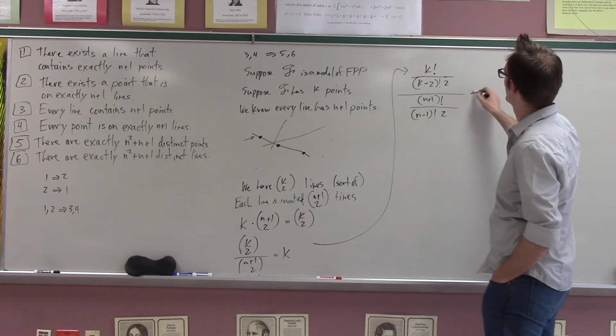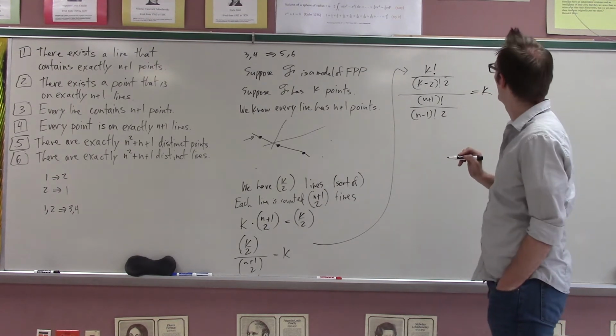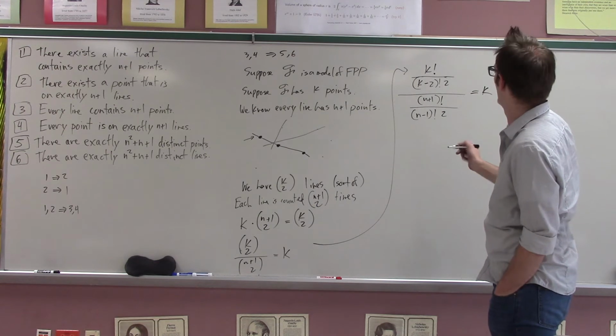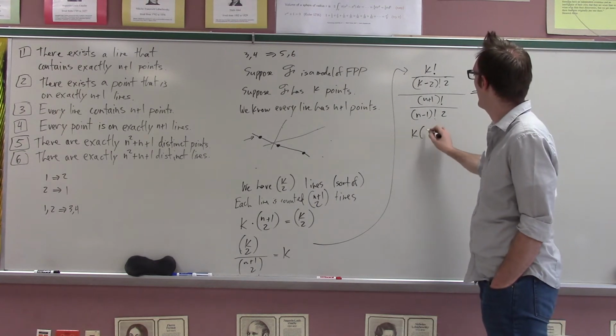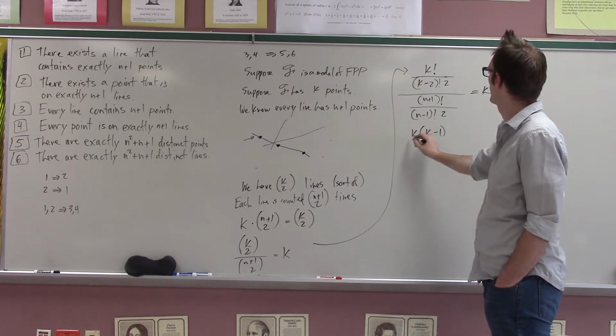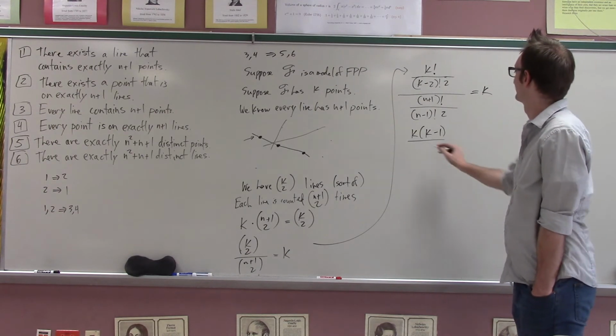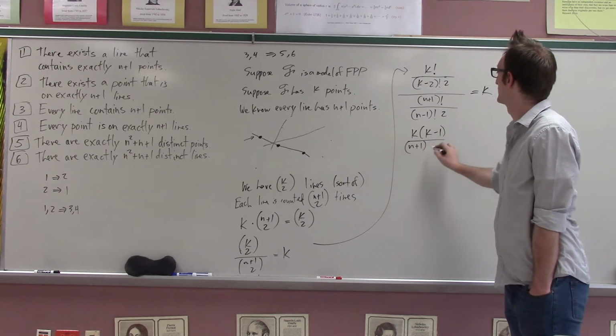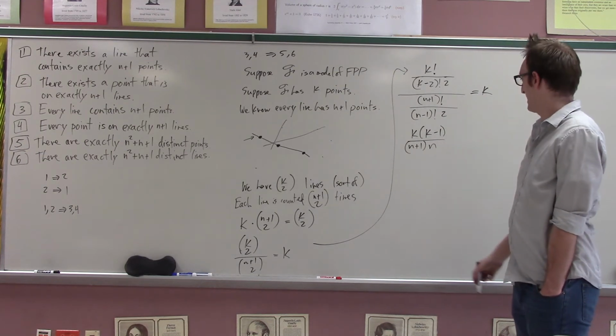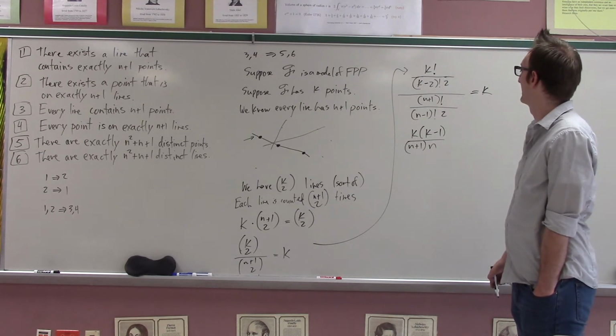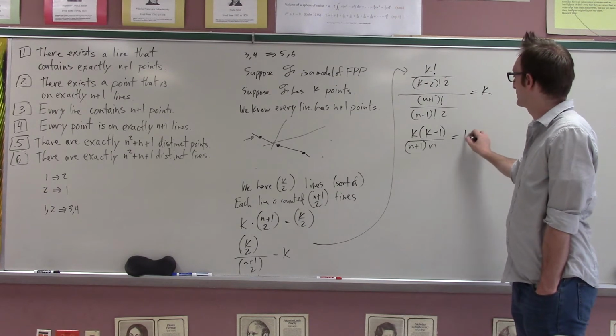And this is just k. So things cancel, and you end up with k times k minus 1 over n plus 1 times n, and this is just k.